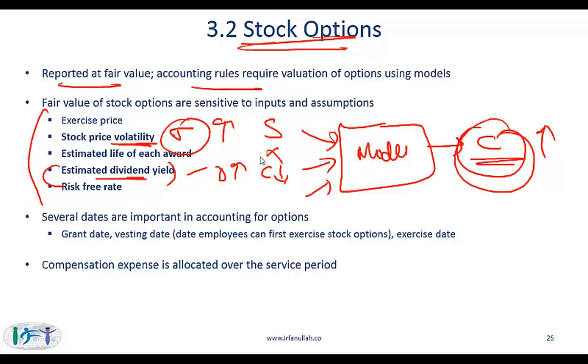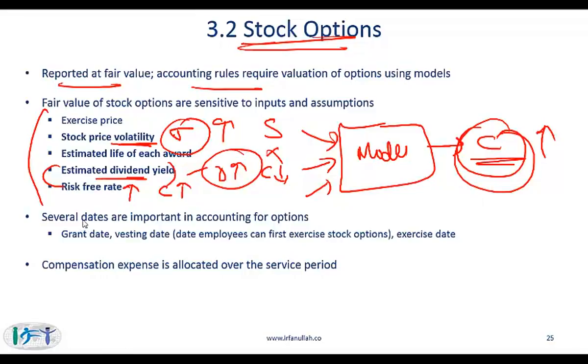Level 2, this is extremely critical. So now just take it as a given. So obviously a company needs to make assumptions about dividend yields. Higher the dividend yield, lower the value of the call option. And higher the interest rate, higher the value of a call option. Again, these relationships are given and they can be used to manipulate the expense that is reported.